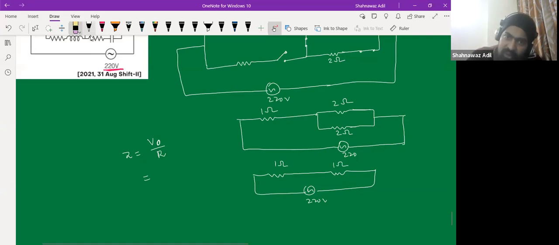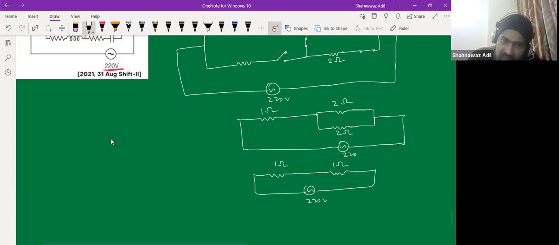Yeah, sorry, VRMS is equal to V naught by root 2, right? So then we can calculate this V naught. So that would be V naught by, this is 220 by root 2, right? Oh, why did I write this V naught by R, right?